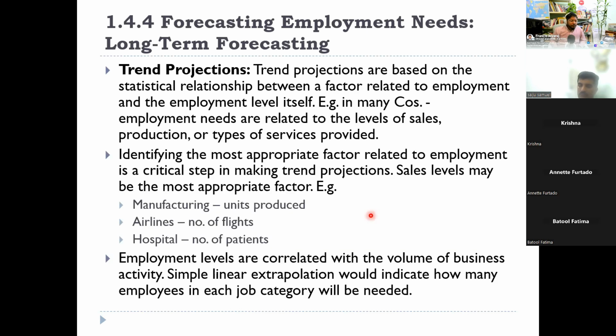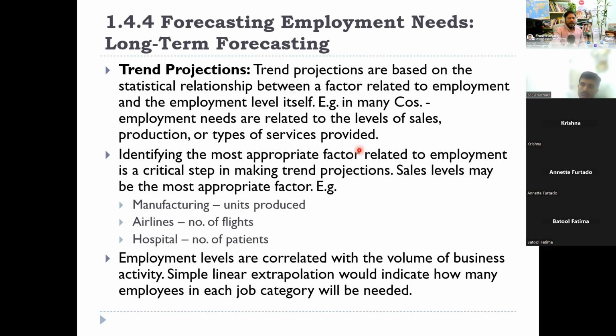Okay, next one, we move on to trend projections. Trend projections are based on the statistical relationship between a factor related to employment and the employment level itself. For example, in many companies, employment needs are related to the levels of sales, production, or type of service being provided.